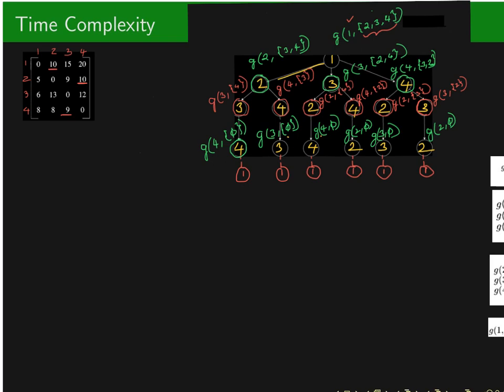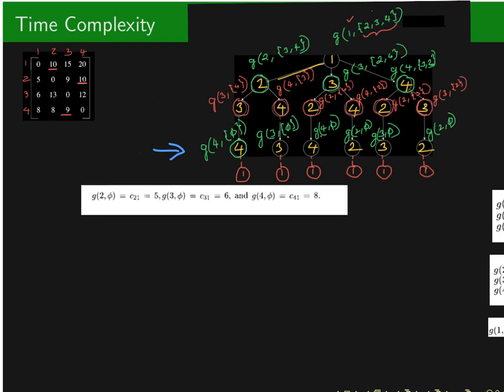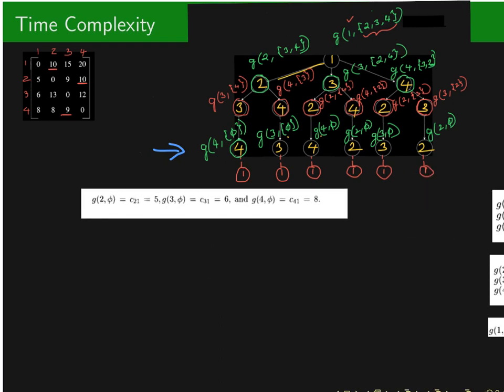Now we want to establish a formal recursive definition for the min cost. Before doing that, let me define the recursive definitions of min costs at each level, starting from the last level. The min cost definitions of the last level are as shown here. We know that in the last level, we only need to get back to the origin city 1. So the min cost can be directly accessed from the cost matrix. For example, the min cost from the node 2, which is represented as G2,5, is nothing but C21.